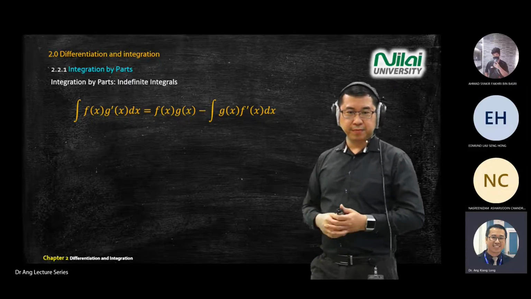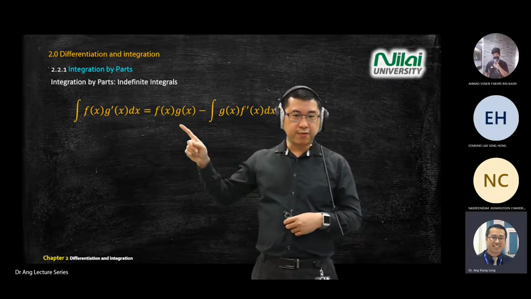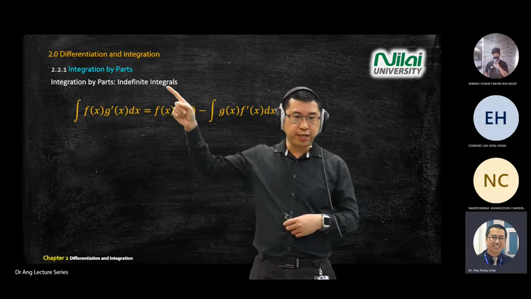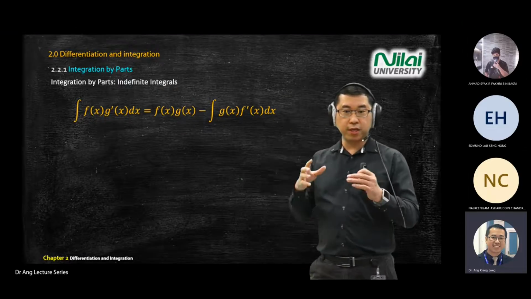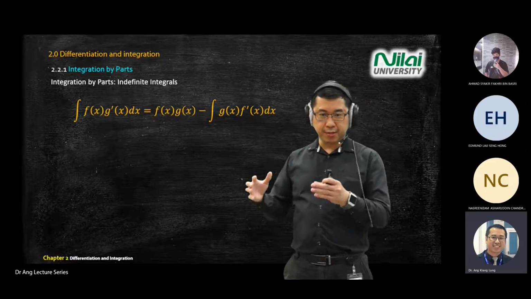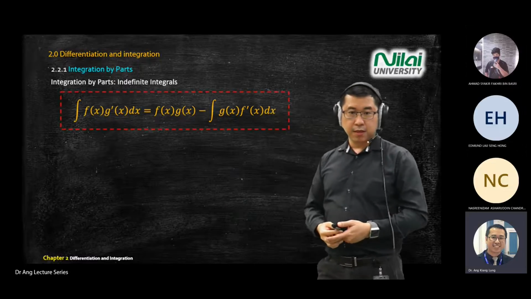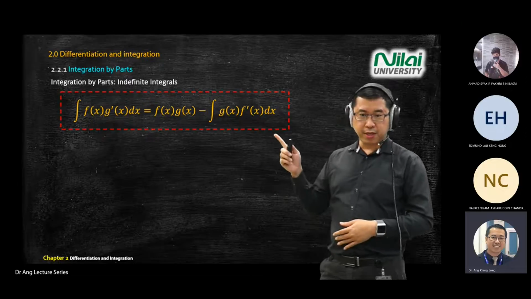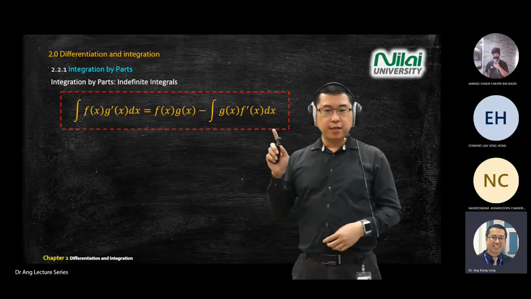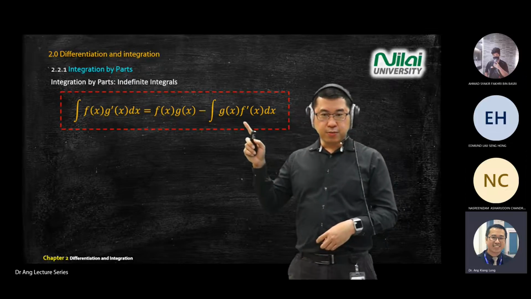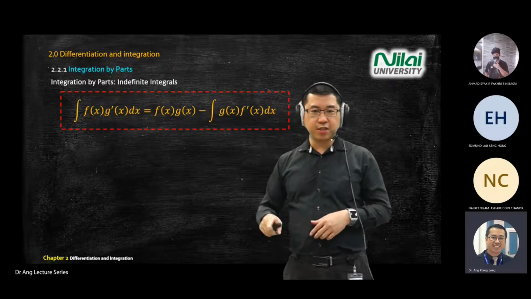Take note, and we give it a name. This kind of formula falls under the integration by parts procedure, which means you integrate part by part. Then you use this formula. Important, I highlight it with the red box, which means it's an important formula. If you write this in the test, in the correct question, you get 3 marks.